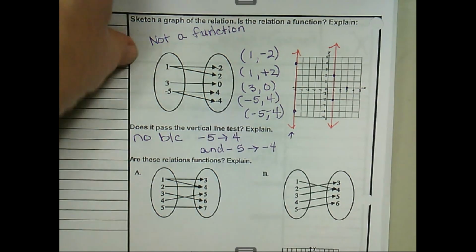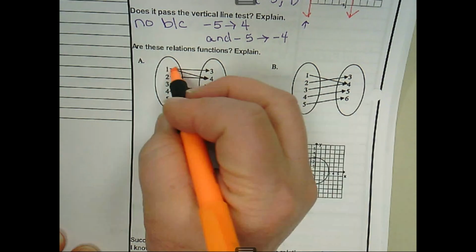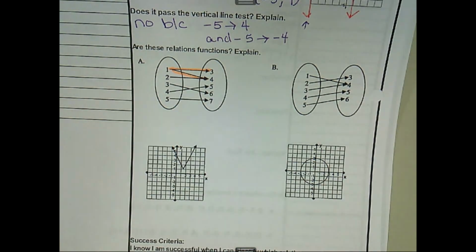Okay, pause the video on the next two and see if they are or if they are not. I hope you try it on your own. How about the first one? Is it a function? If you answered no, you are correct.